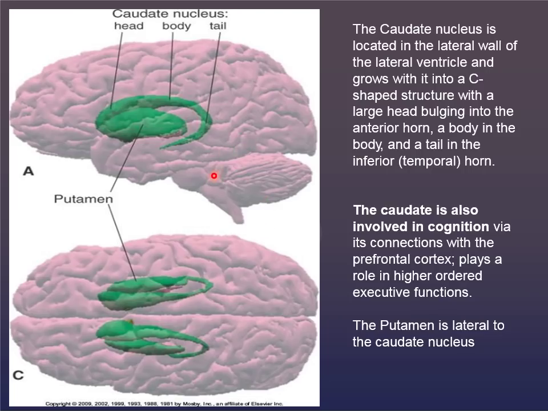We can see in this drawing the outline of the caudate nucleus, the head of the caudate anteriorly, the body, and a long rolled tail that follows the lateral ventricle. Right here we see the putamen. If we see it from below or from above, we can see the caudate extended structure and the putamen.